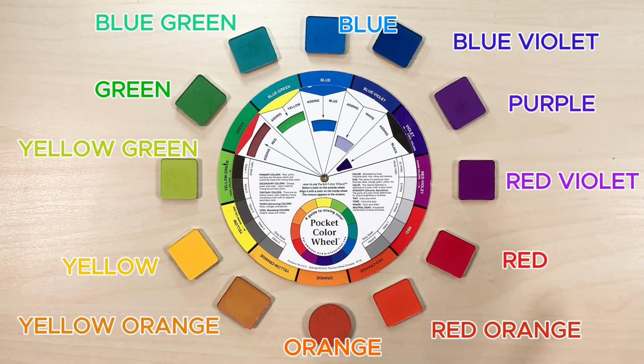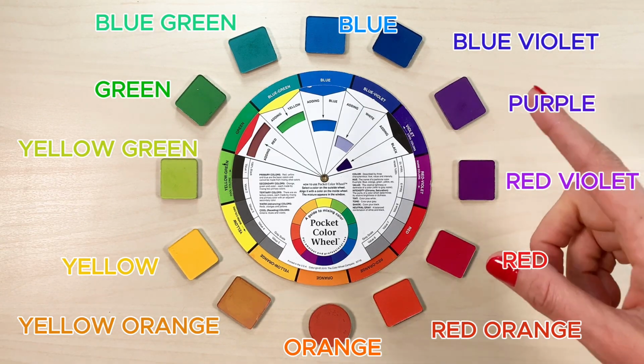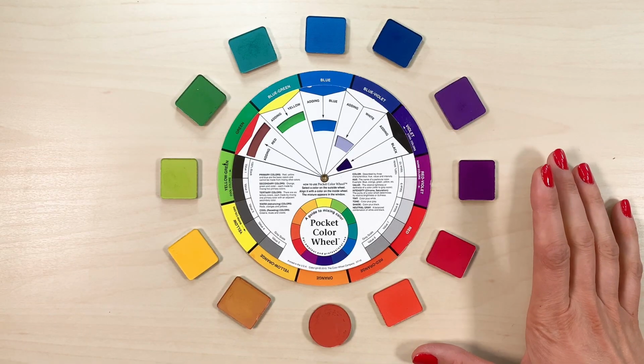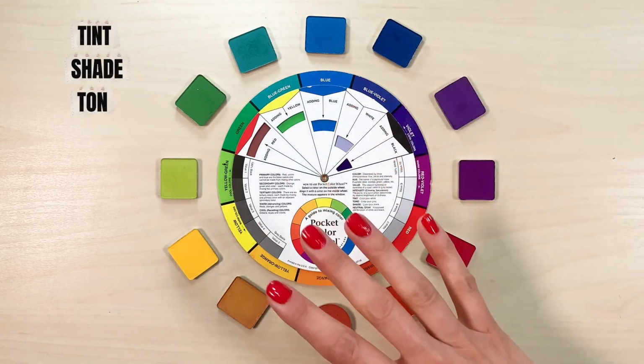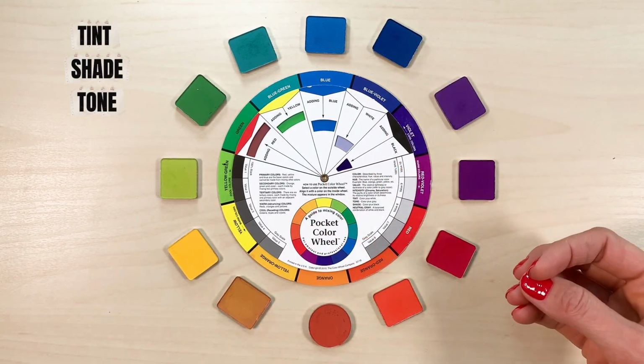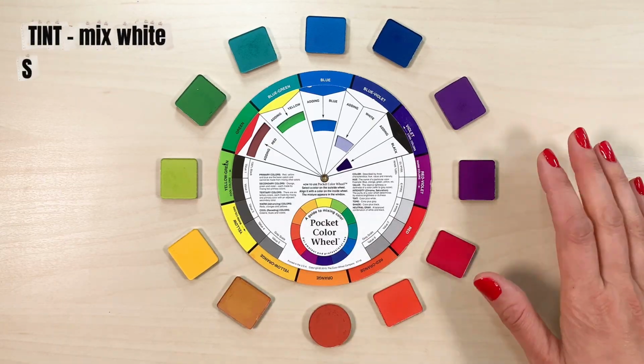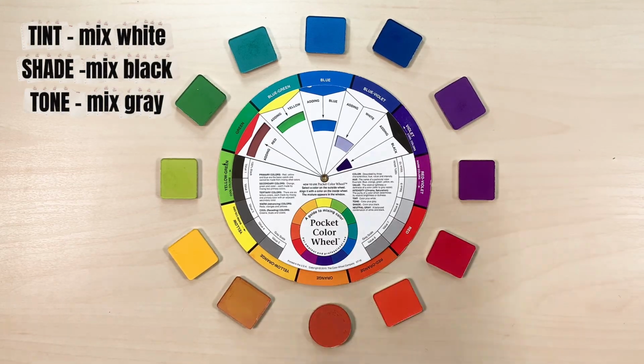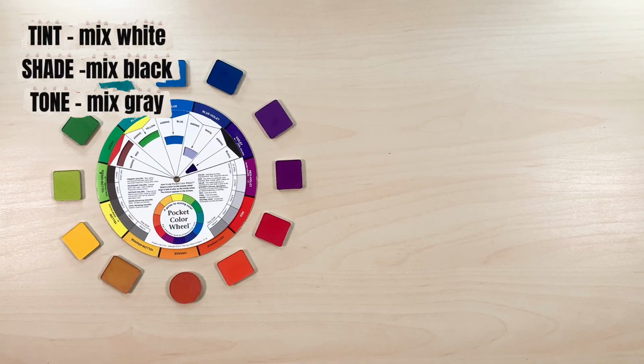These are basically all the color combinations that we can find on our color wheel. And any tint, shade, or tone can be created by using any of these colors and mixing black, white, or gray. So we're going to be talking a little bit more about all of these color combinations now.